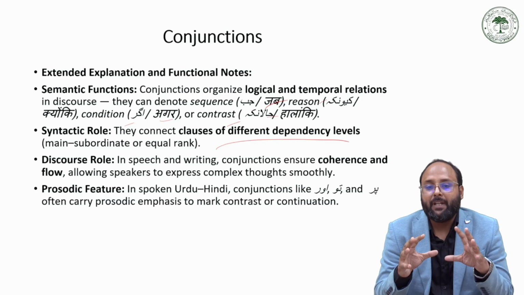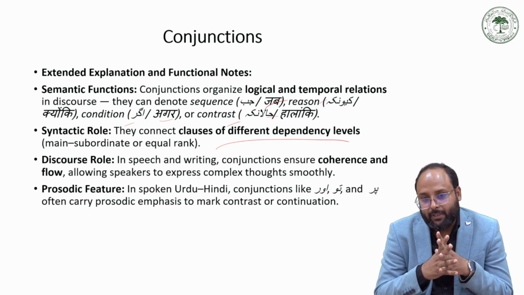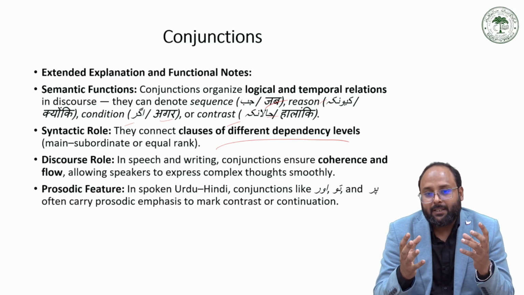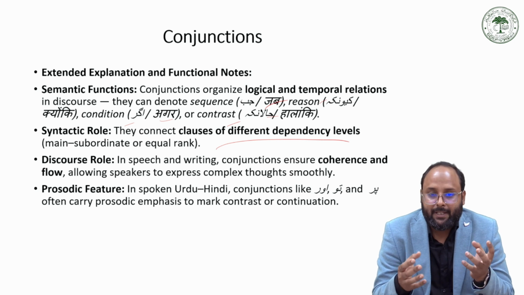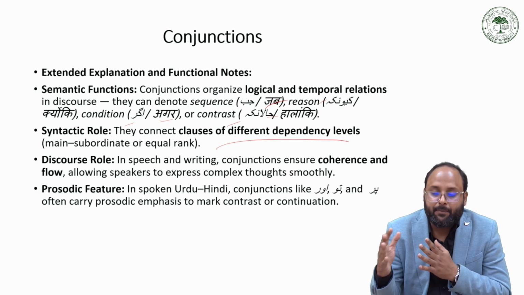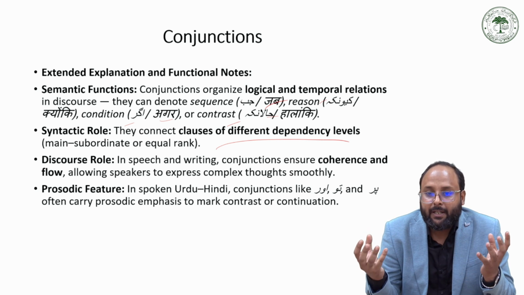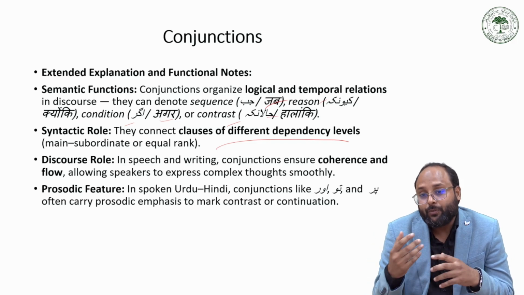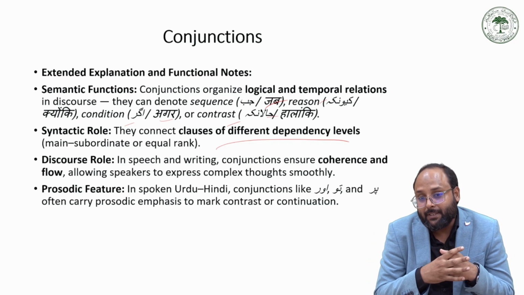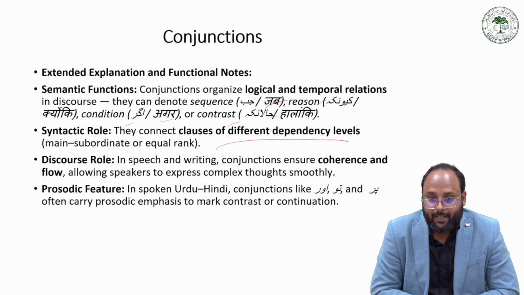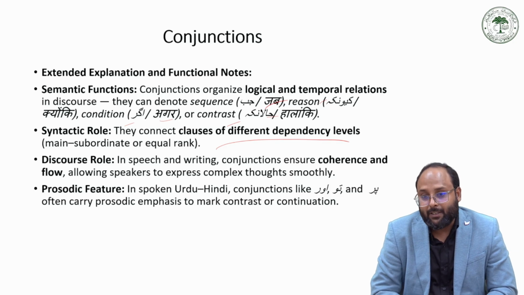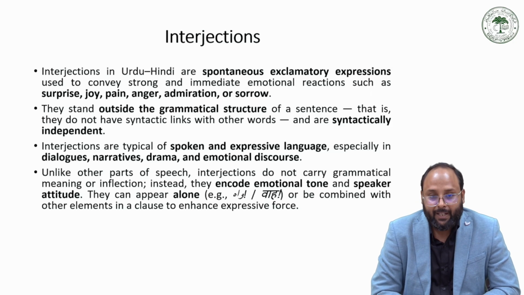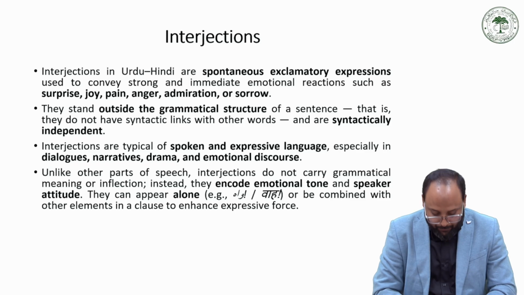That means when we have two or three sentences together, by these conjunctions we can join them and elide the unnecessary words. So it is very useful for coherence. And in prosodic features, conjunctions like to or par often carry prosodic emphasis to mark contrast or continuation. Now come to the interjection.